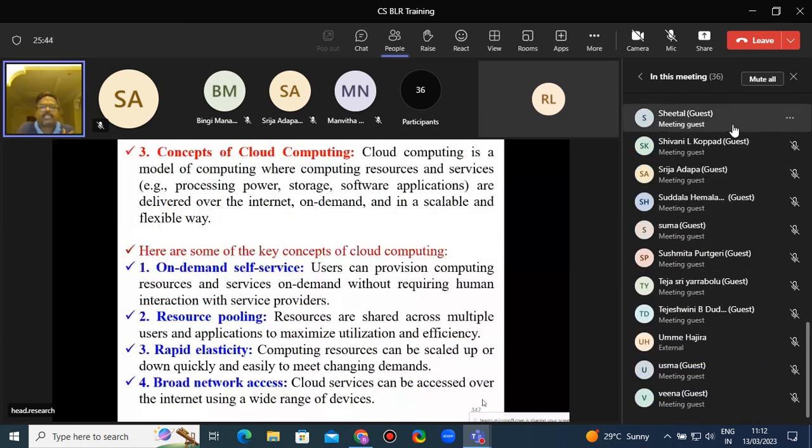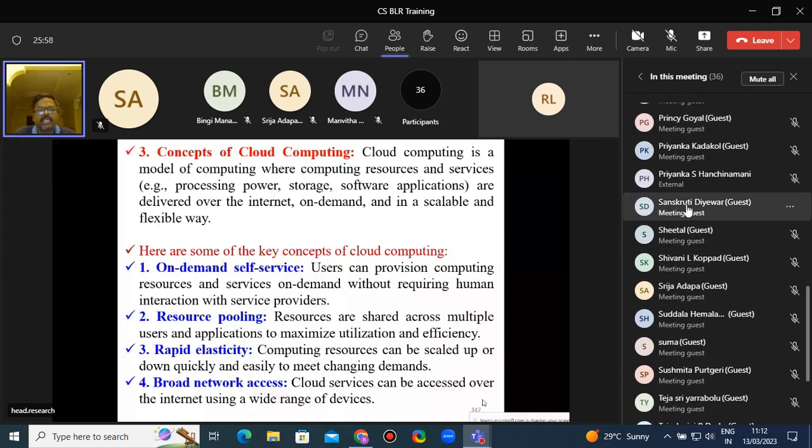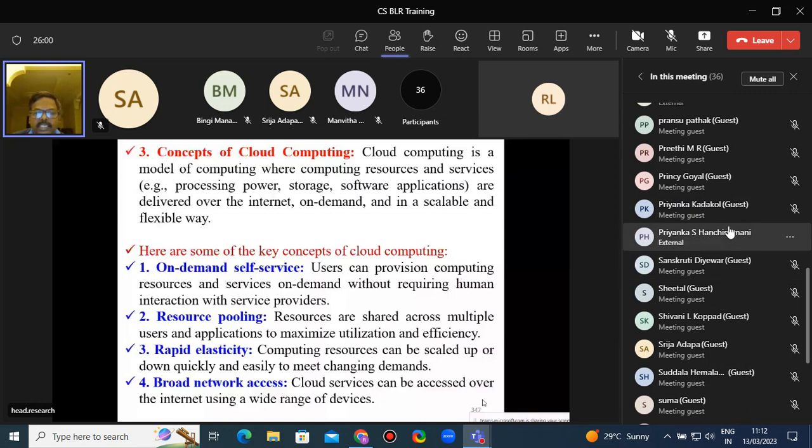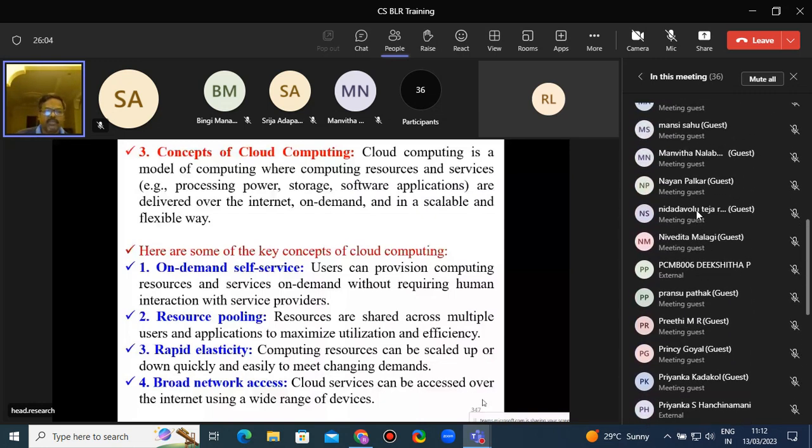Cloud computing is a model of computing where computing resources and services, for example processing power, storage, software applications, are delivered over the internet, on demand, and in a scalable and flexible way.